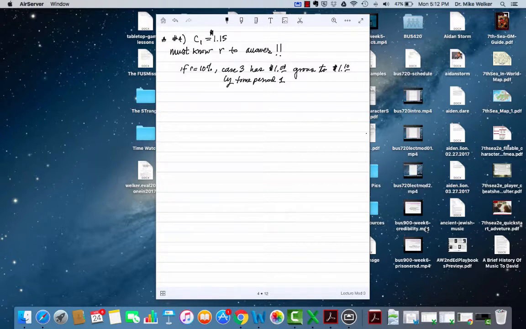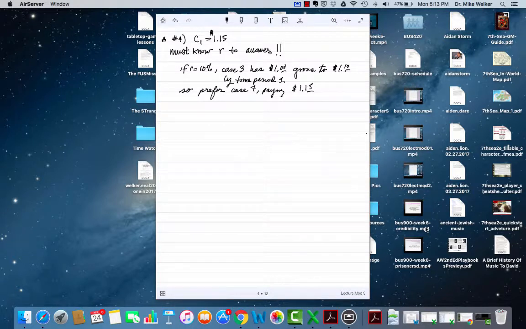So it looks like you'd rather have case number 4, because case number 4 is paying you $1.15 at time period T1. That's a better deal than case number 3.